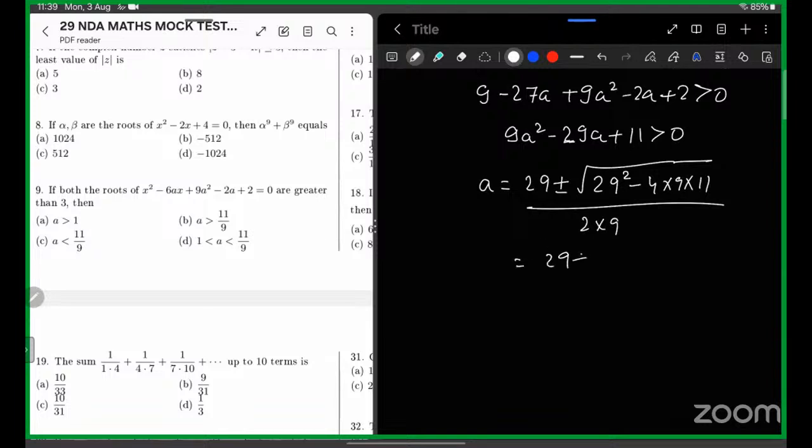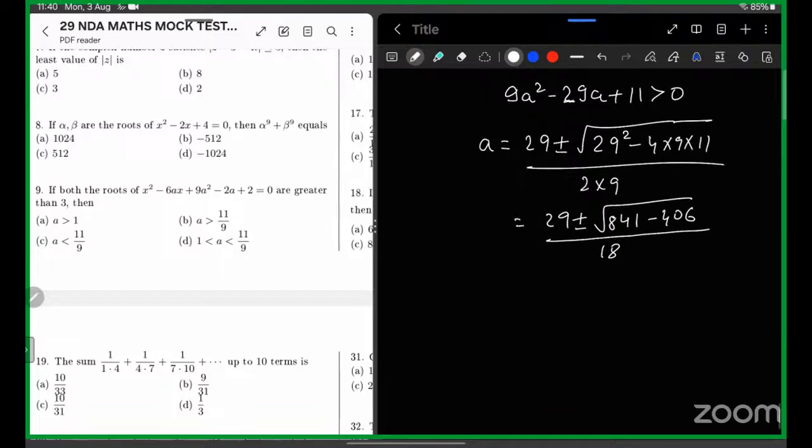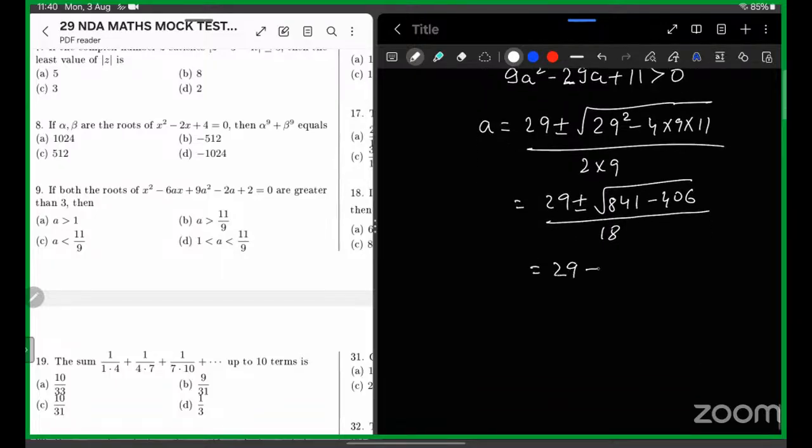So this is 29 plus minus 29 square is 9 into 9, 81, 9 into 2, 18 into 2, 36, and 8, 44, 4 and 4, 8. 4 into 9 into 11. 36, 36 and 4, 40 upon 18. So this is how much? 29 plus minus 11. Each 435 is square root of some number.